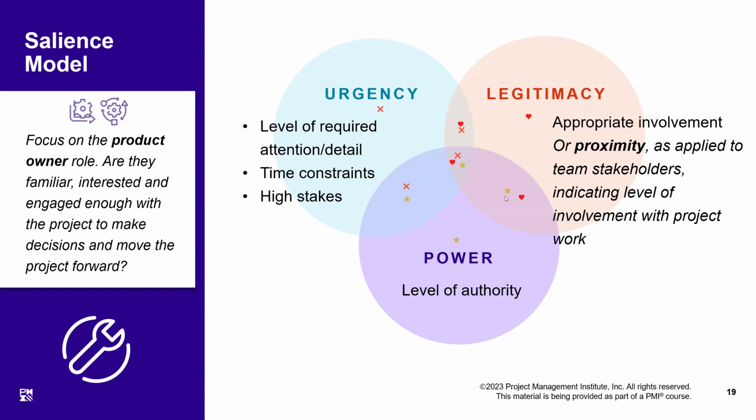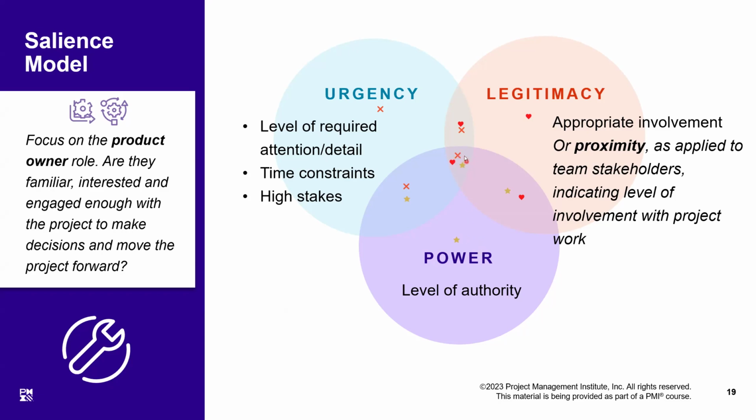So you can see that this area, just a moment. So you are meaning that in the overlapping area, there are high power, high legitimacy, and high urgency, right?